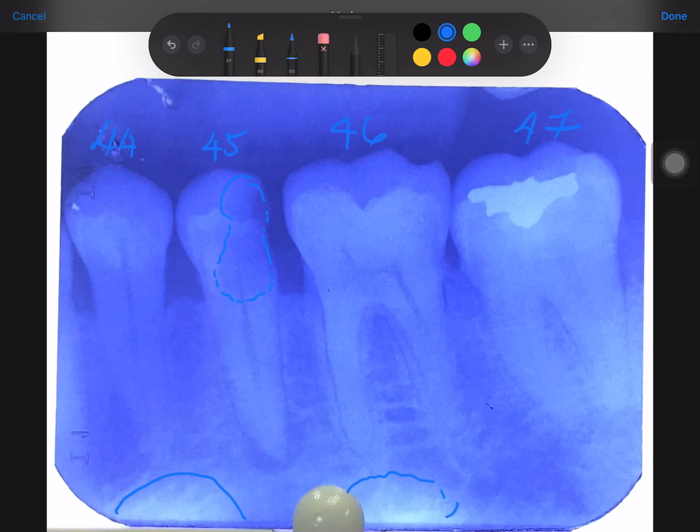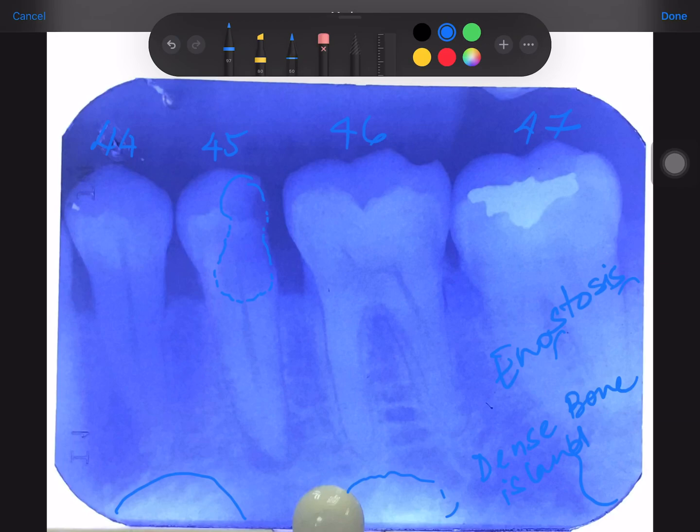But then you also see it here. So what do we call this type of radiopacity? Just dense bone island. Very good. Dense bone island, also called enostosis.